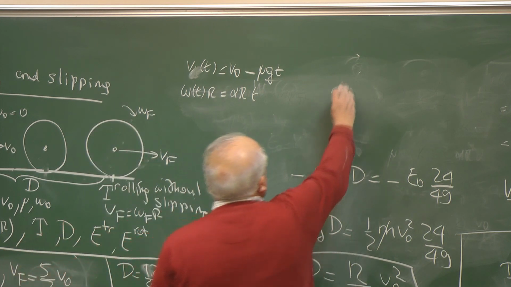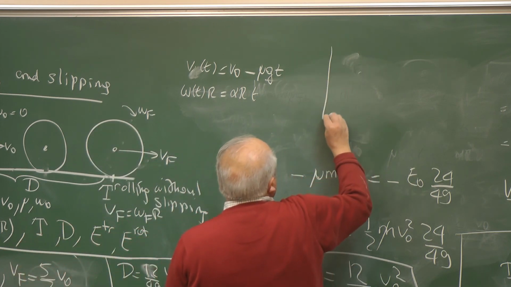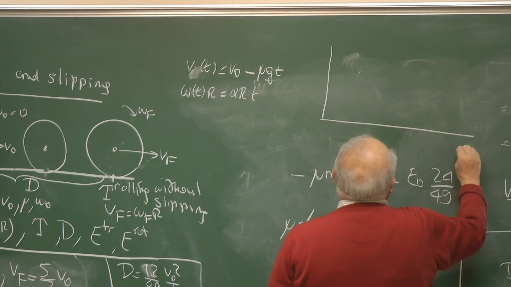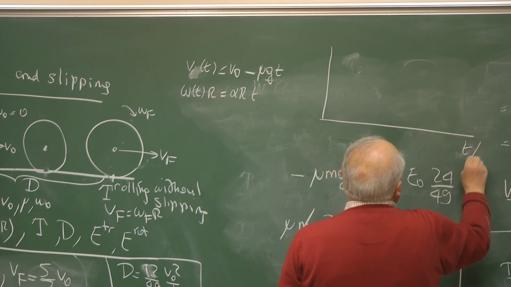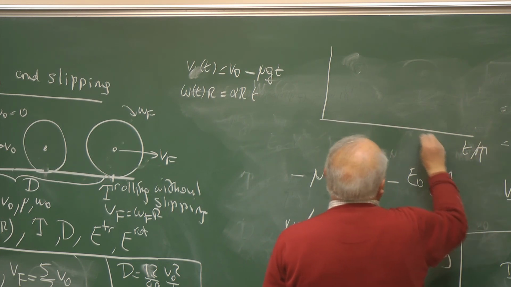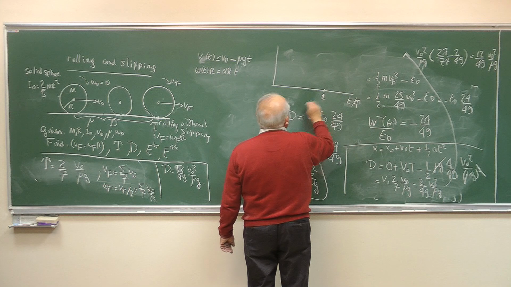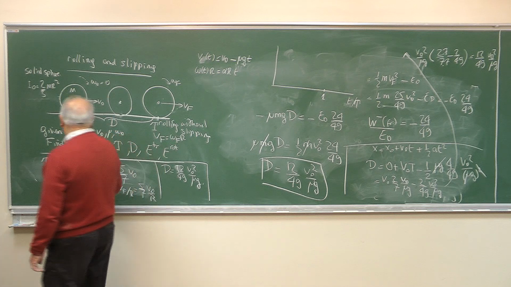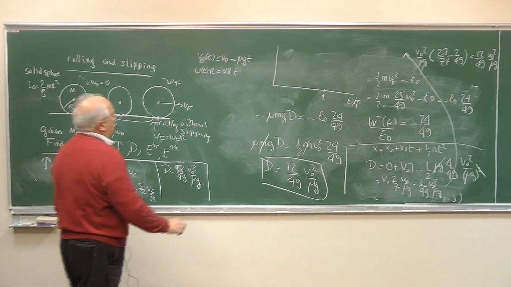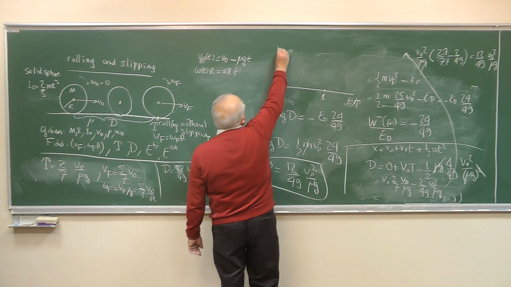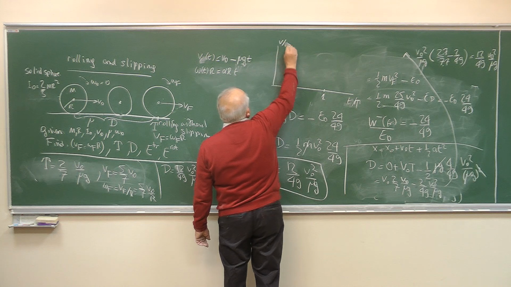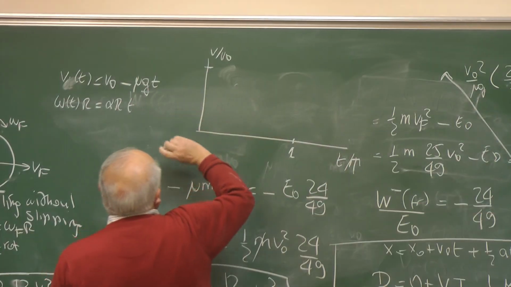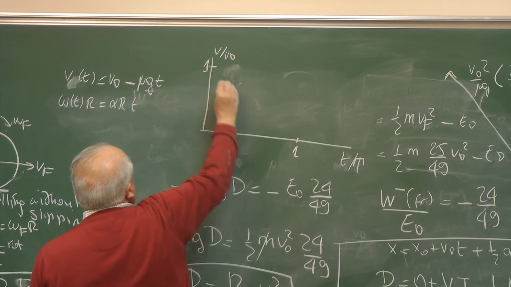So this is T over T. This is, let's say, 1. This T is that T. 2 over T, V0 over mu G. So this is V over V0. So translational, this is 1.